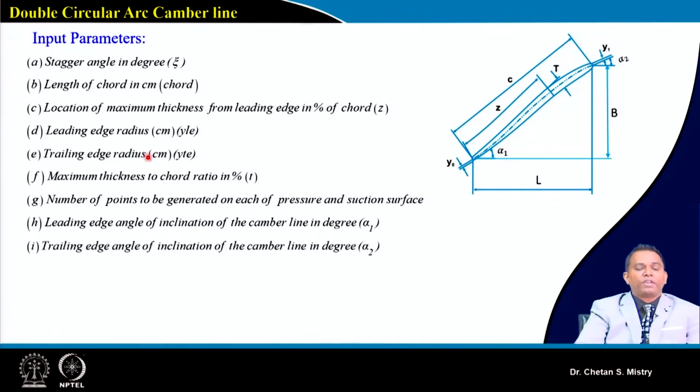Based on that we can put our stagger angle, we can put where we will have the maximum thickness, which we know is at 50% of my chord, what will be my leading edge radius, trailing edge radius, and what will be my angles alpha 1 and alpha 2. That will be a sufficient condition for the development of the double circular arc camber line.